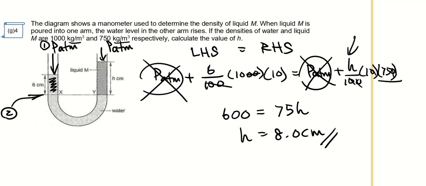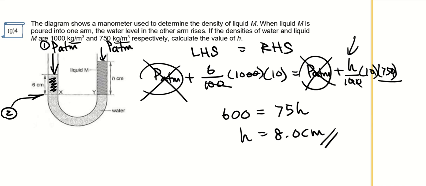So if you apply both my steps, step 1, which is to draw the downward arrow to indicate the pressure acting on each liquid surface, and then step 2, which is to identify where we have same liquid, same level, same pressure, it is very easy.